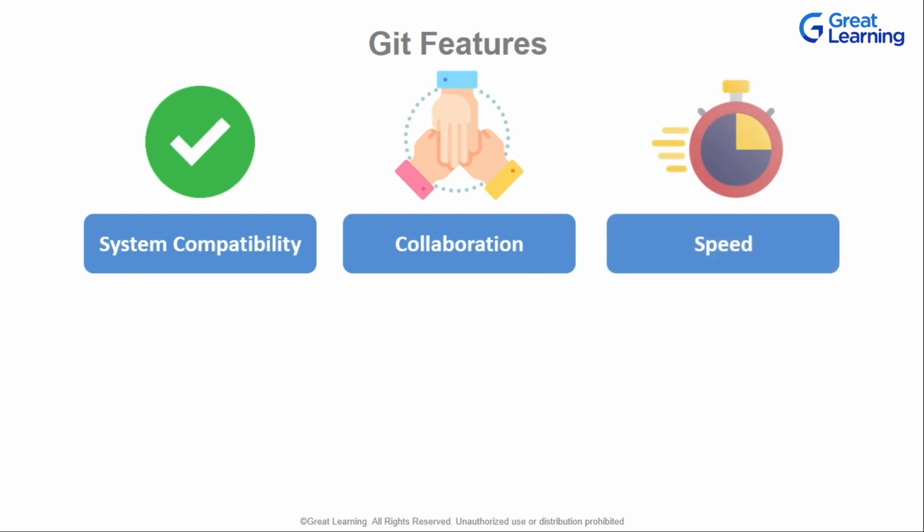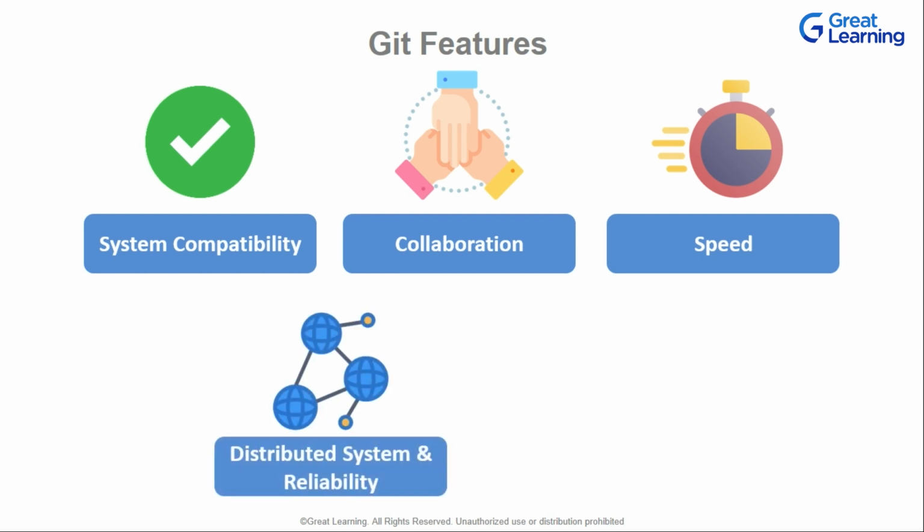And it is very, very fast. When it comes to replicating the code from online servers to local systems, it is one of the fastest tools available. It outpaces all the other version control systems. And it is a distributed and reliable system. Being distributed means there's no central server for this; it is distributed among different servers.